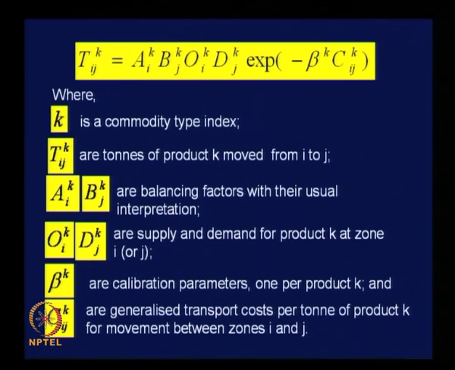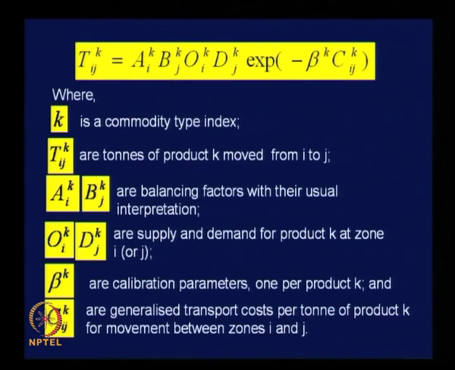And Cij or generalized transport costs per ton of product for movement between zones I and J. This is generalized cost of transportation, and this in practice is used as a friction factor expressed as a function. Generalized cost is expressed here as e power minus beta k Cij, exponent of minus beta k, because it is going to have a reducing effect as the generalized cost increases.